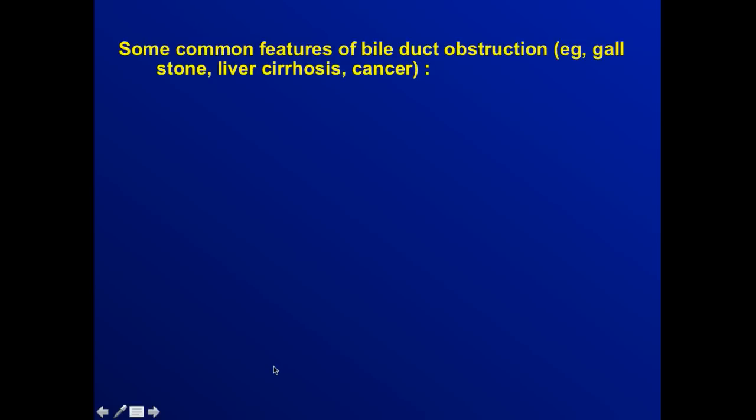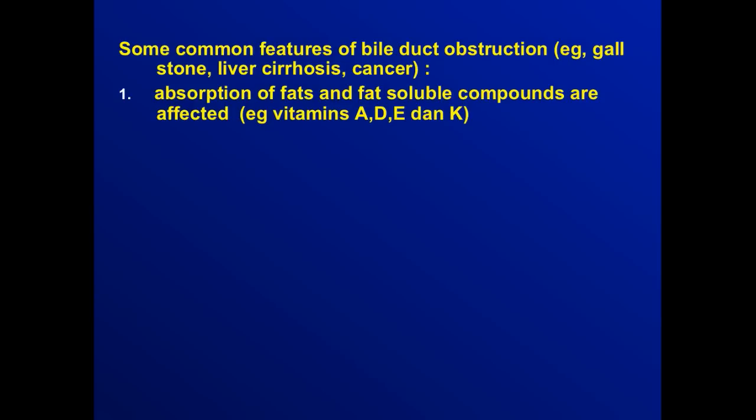Right. Next, what are some common features in bile duct obstruction that we just talked about? Since there is obstruction, not only your bilirubin, your bile is also obstructed. The bile comes from your gallbladder. Now you know bile is important for the absorption and digestion of your lipid-soluble vitamins and all lipid. So vitamins A, D, E, K absorption will be affected.